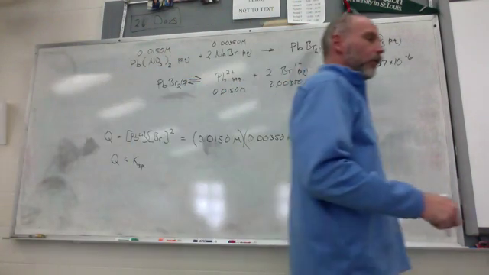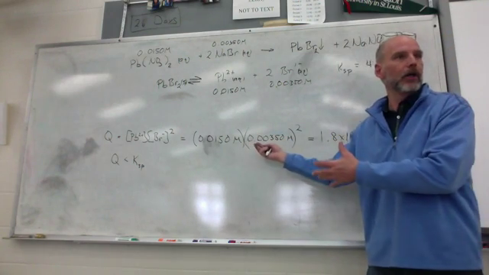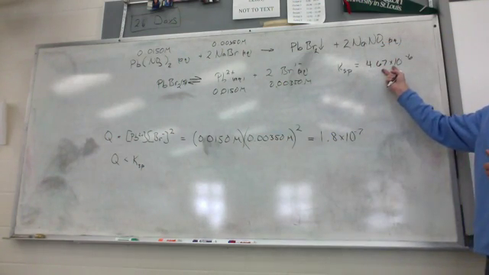Because Q is less than K, we're not going to see it precipitate. It's because there just isn't enough in here to reach the point at which it would precipitate. So there's not enough to cause it to precipitate.